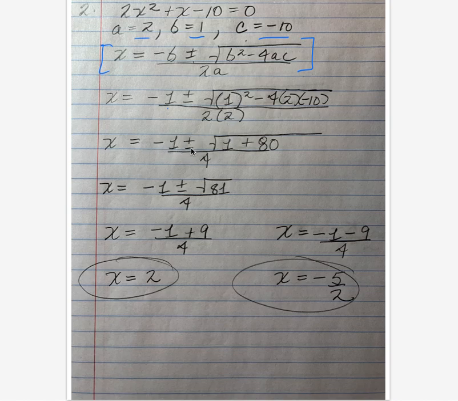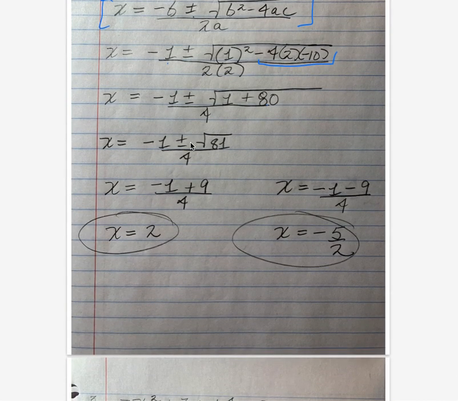So we get -1 plus or minus the square root. 1 squared is 1. And then this right here, this is -4 times 2. That's -8 times -10. So that ends up being a plus 80 all over 4. And then, of course, that ends up being the square root of 81. So next step then is, and that's, of course, 9. So I'm going to end up with plus and minus 9 here when I split this out.